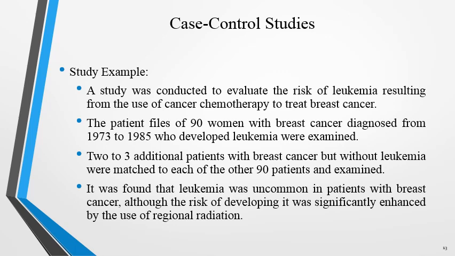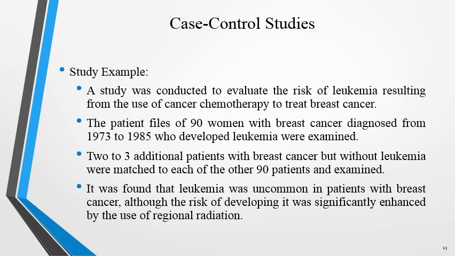Then the files of two additional patients with breast cancer without leukemia were compared with them. There was a certain number of patient records with leukemia after chemotherapy for breast cancer, while there was another group of patients who also had breast cancer but were without leukemia.